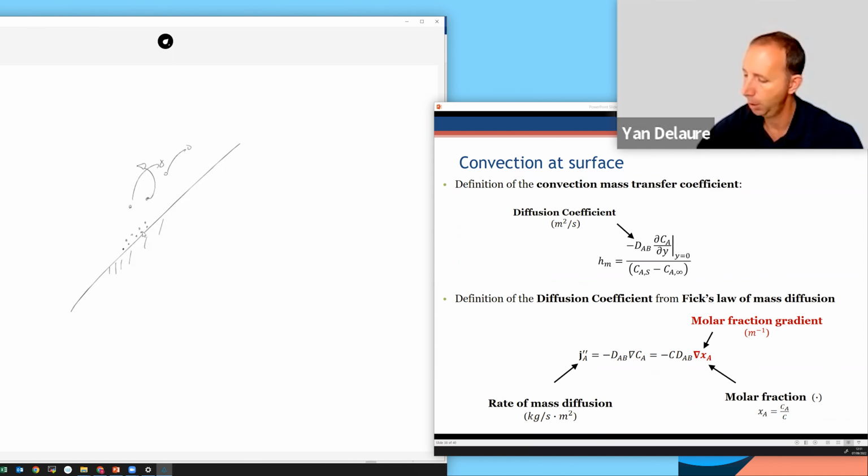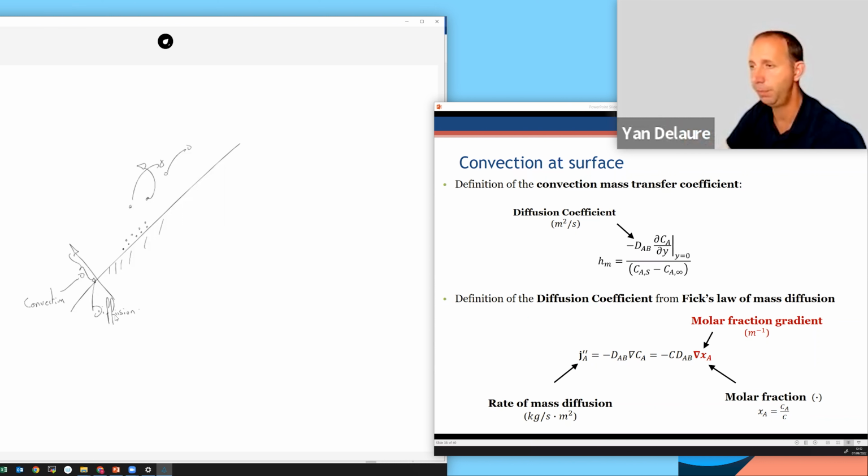So when you're looking at the transfer of mass in the direction perpendicular to the surface, you will always have diffusion to start with. That is a process driven by gradients. And then you'll have convection everywhere else. If you have a steady process, the amount of mass by diffusion through the initial layer has to be equal to the amount of mass transfer by convection.